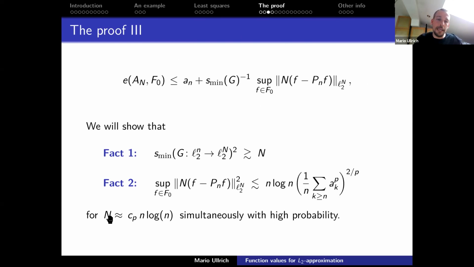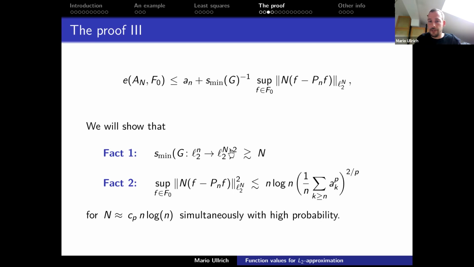The facts are: if we take the big N of the order n log n, then simultaneously and with high probability, the smallest singular value of G is bigger than this, big N, the number of points. And this is smaller than n log n, the quantity we are interested in, to the power 2.